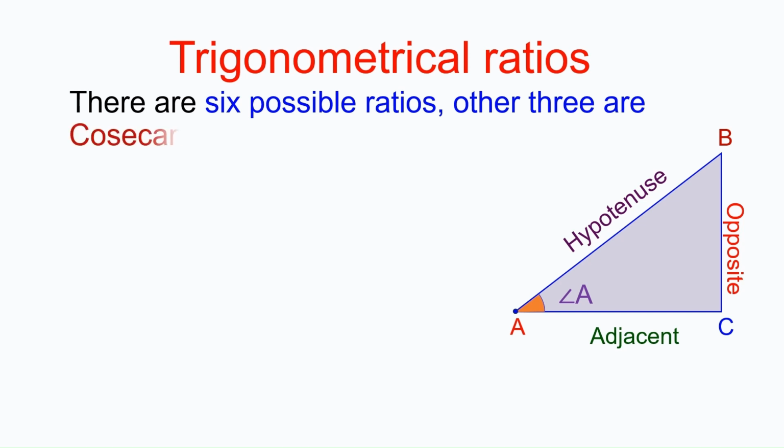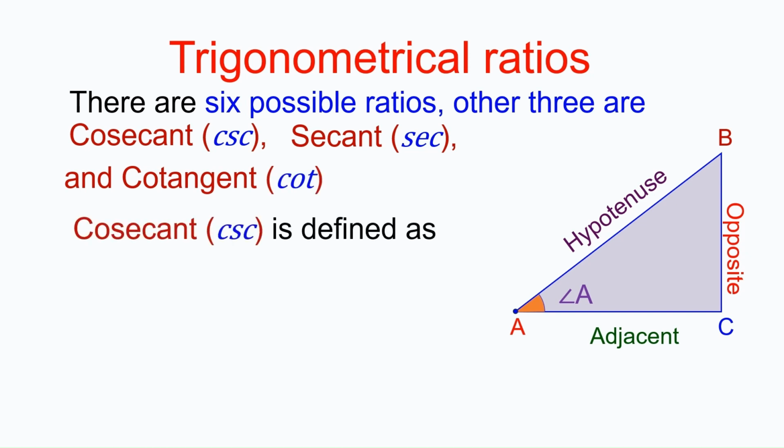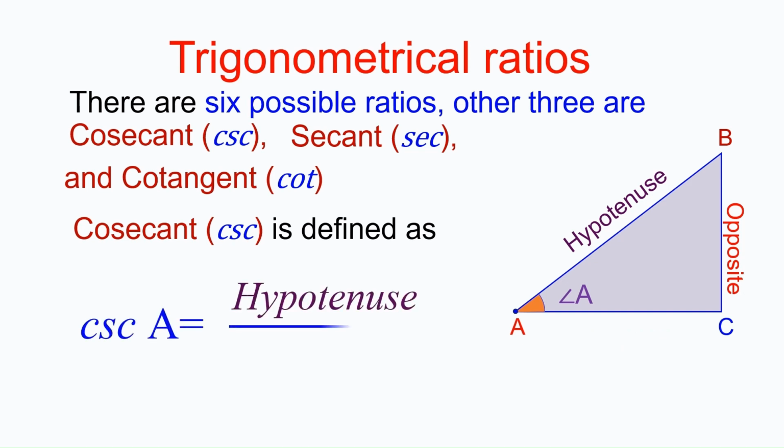There are 6 possible ratios. The other 3 are cosecant, csc, secant, sec, and cotangent, cot. Cosecant or cosec of A is defined as hypotenuse divided by opposite.